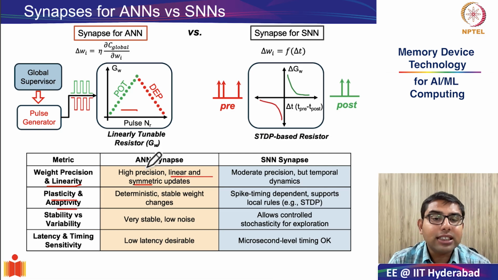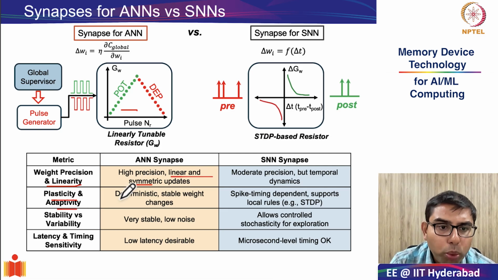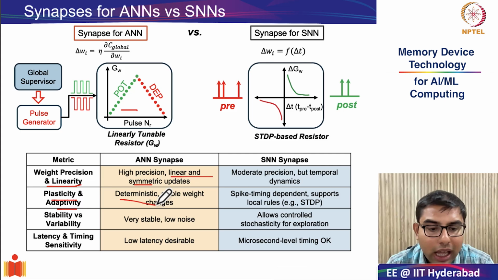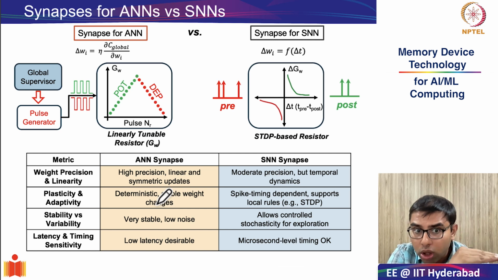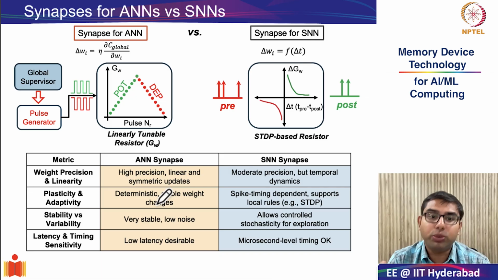As we just discussed, ANN synapses need to be completely deterministic and their weight changes have to be very, very stable. Once they are set, they need to be very constant. They should not change with time. In case of SNN synapses, that is not a mandatory thing. All it needs to do is support local learning rules such as STDP.